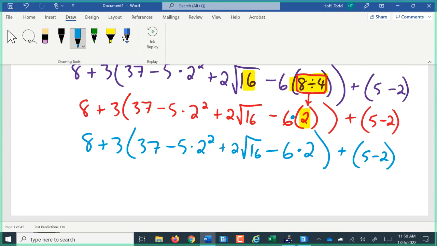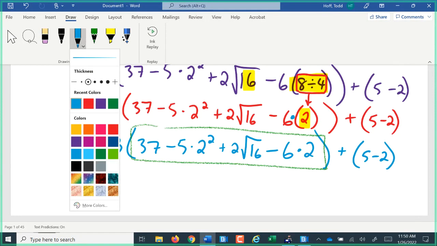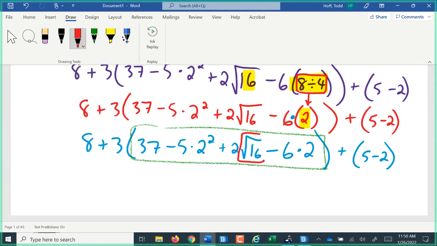Now we're still working inside that set of parentheses, inside that green box if you want to. In there we see there's no more enclosing symbols, but we do have a power or root. We have a root. This was an enclosing symbol before. As an enclosing symbol, we had to do what's inside of it. As a root, we have to do the square root operation.